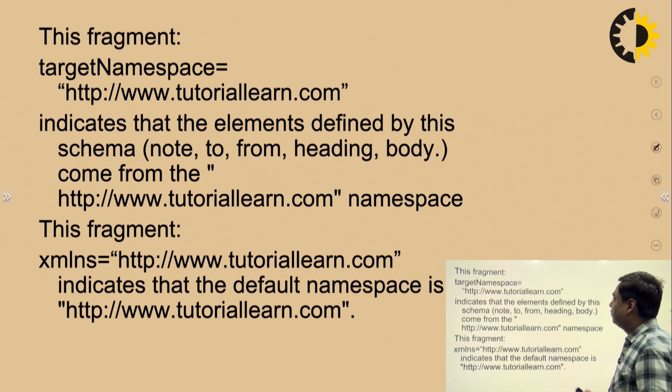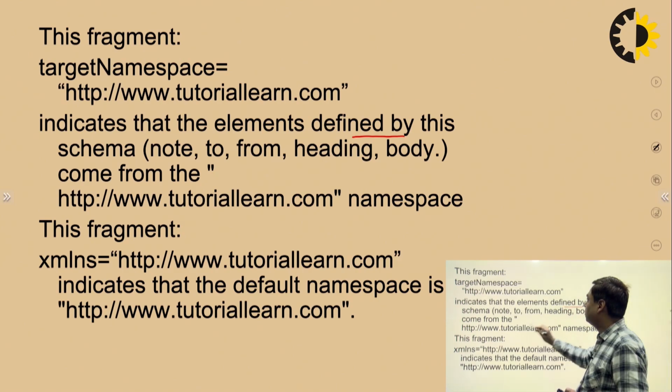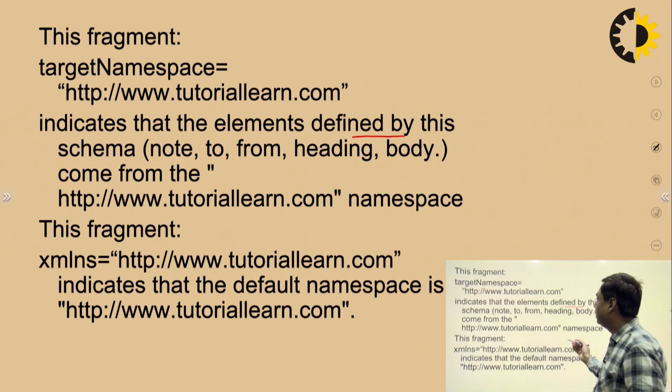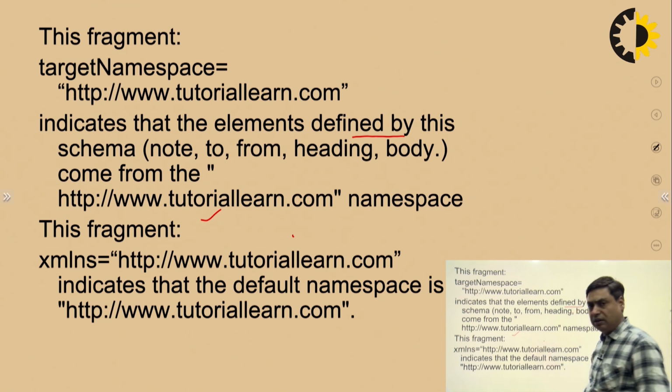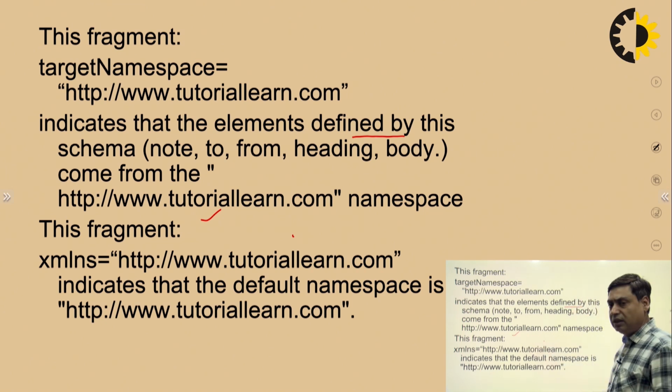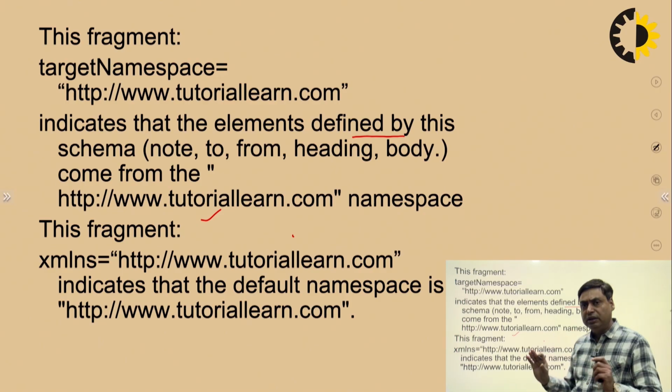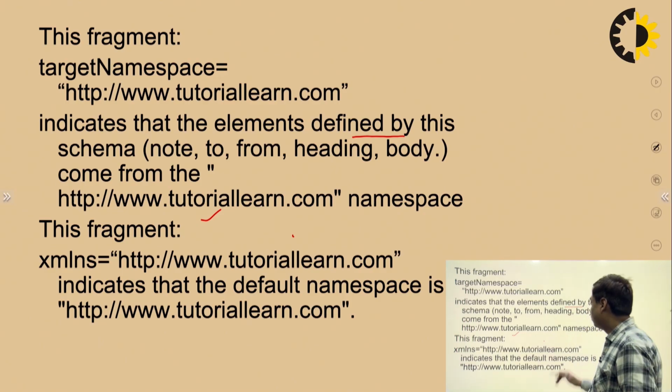Now you can give the target namespace. It indicates that elements defined by this schema, like note, to, from, heading, body, come from this target namespace. Here you can give any website name, any company website name. It is tutoriallearn.com, or it is only an example. No need to give this website name again and again.